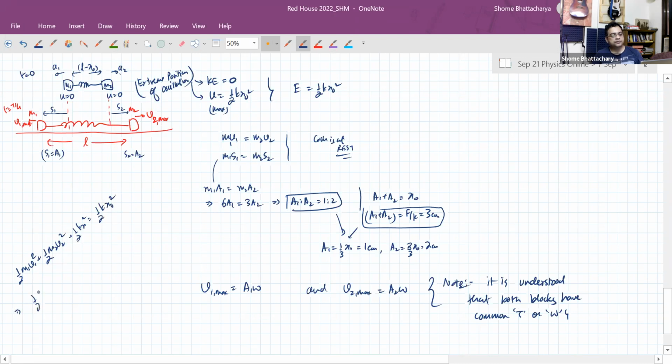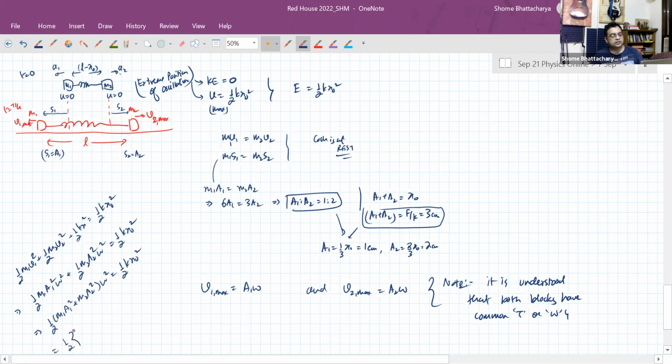So I have half m1 a1 square plus half m2 a2 square is equal to half kx naught square. So from this actually I can calculate.